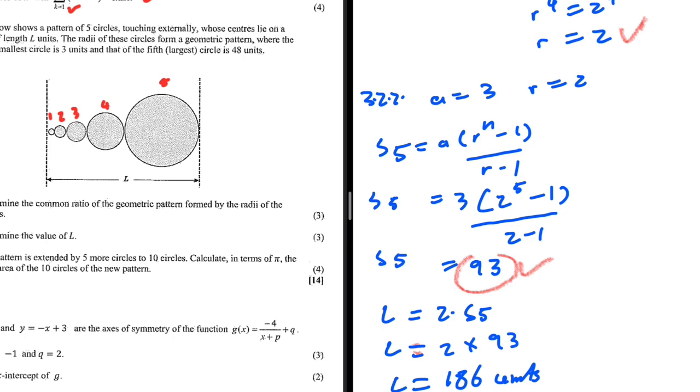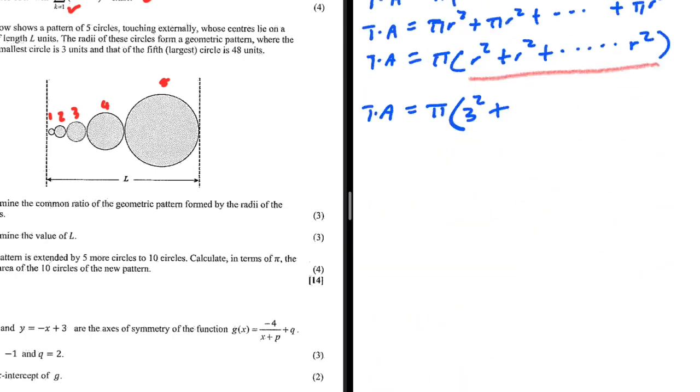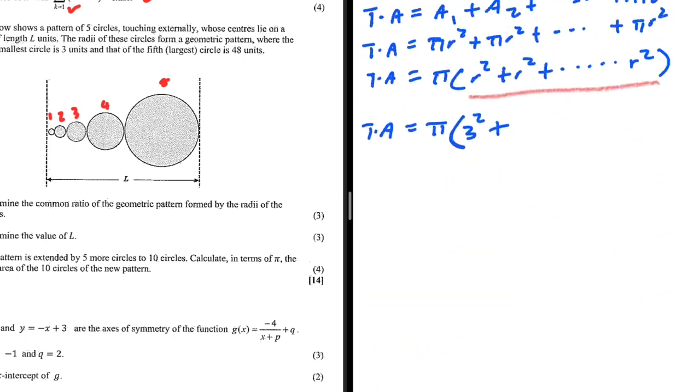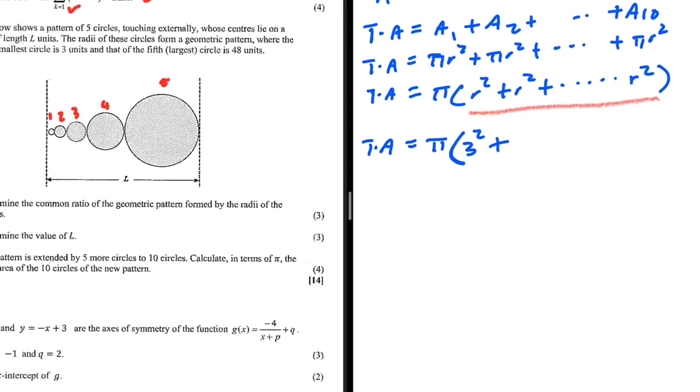So we have 3 times 2 to the power 1 if it is the second circle, so 6 squared. So let's have that there. So we have 6 squared plus 2 to the power 2, that is 12. So we have plus 12 squared plus 2 to the power 3, that is 24 squared.